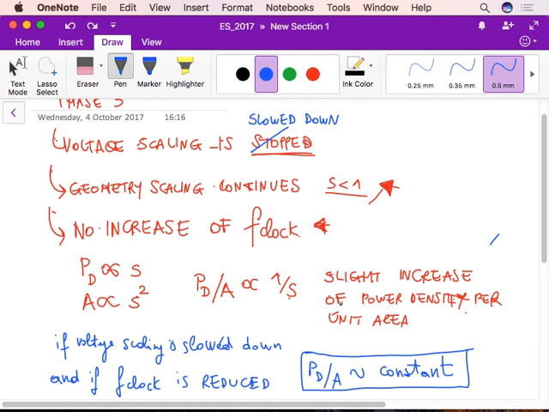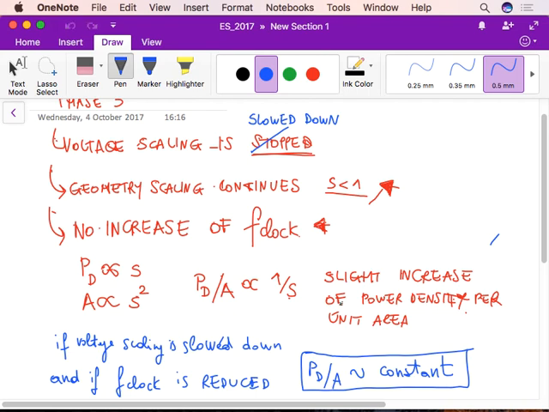So the way has been just to go in a direction of saying, okay, I can reduce the size of the transistors. In the same area, I can put many more transistors. They do not go faster because I cannot allow them to go faster because of power consumption, but I can use them in parallel, and in this way increase the total computational power of the microprocessor.